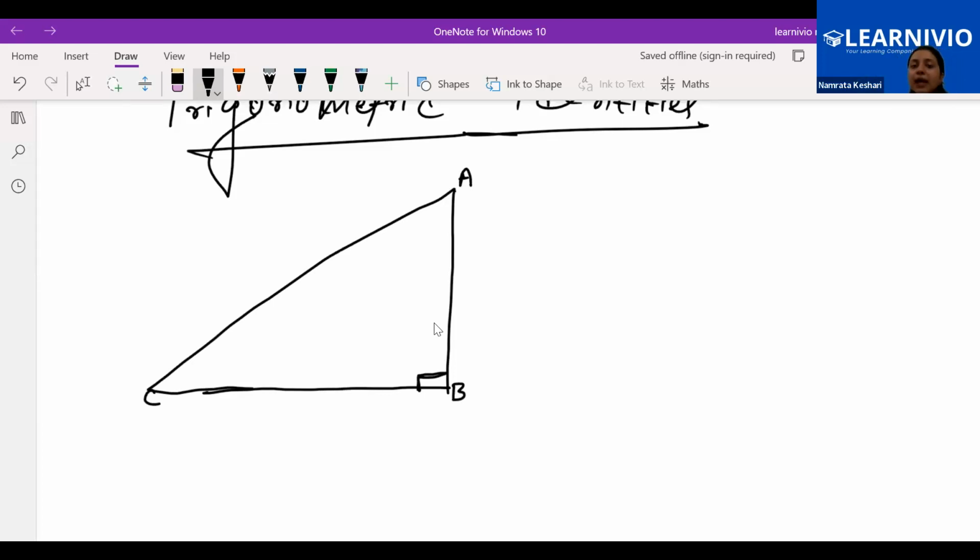Now from here, by Pythagoras theorem, what can be written? AC square is equal to AB square plus BC square. Now, when you have any equation, adding the same term on both sides, subtracting the same term on both sides, dividing or multiplying by the same term on both sides is completely allowed.